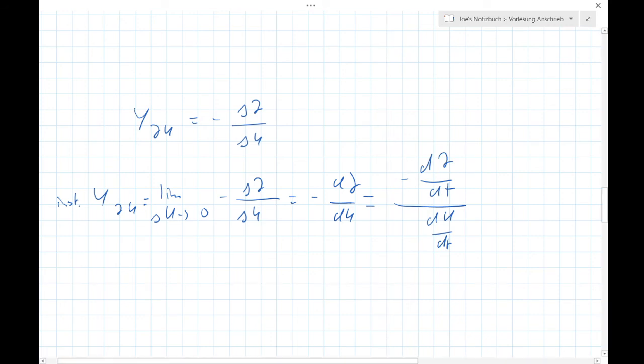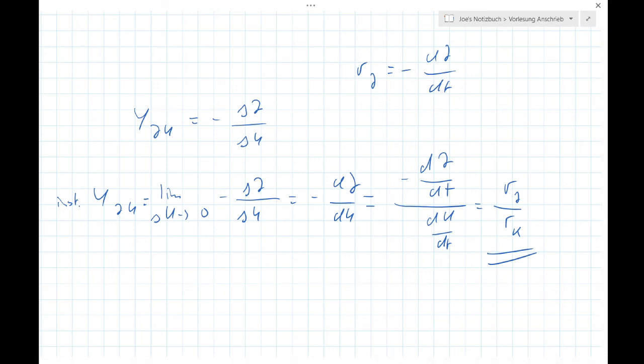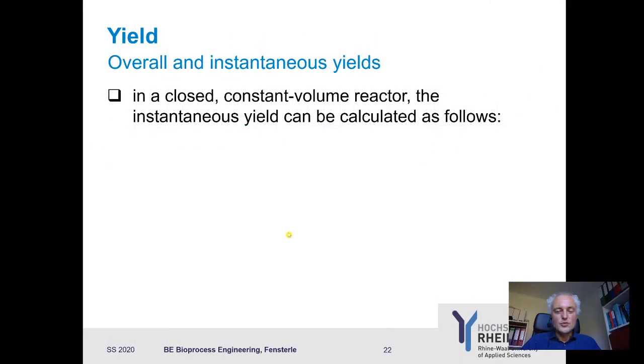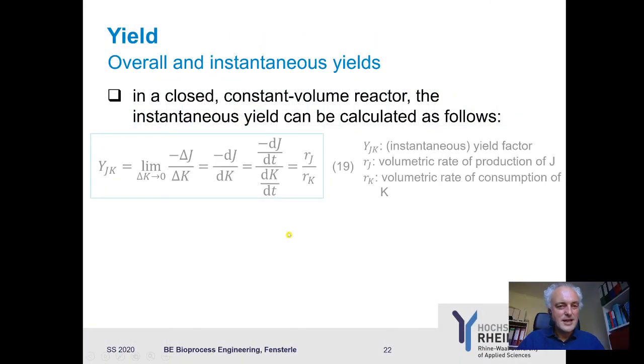And this is nothing else than: minus dJ/dt is my rate R_J. Remember, we have talked about this volumetric rate. R_J is minus dJ/dt. That's what we have deduced before, divided by R_K, and everybody should be able to read that. If I know my rates R_J and R_K at a certain time point, I can directly calculate the corresponding yields. So let's see whether this is also on our slides.